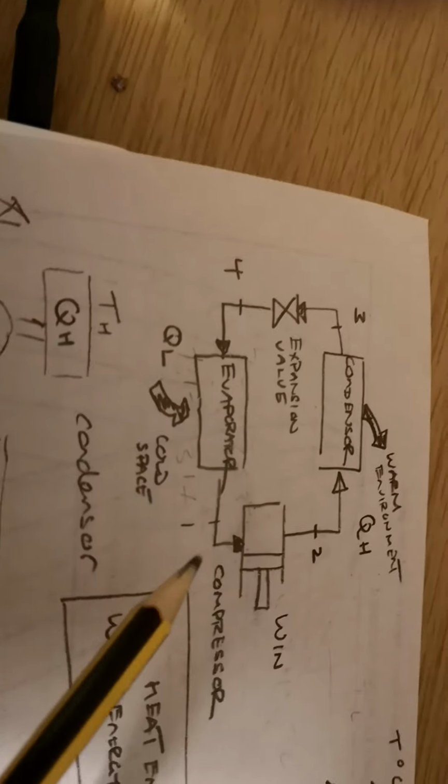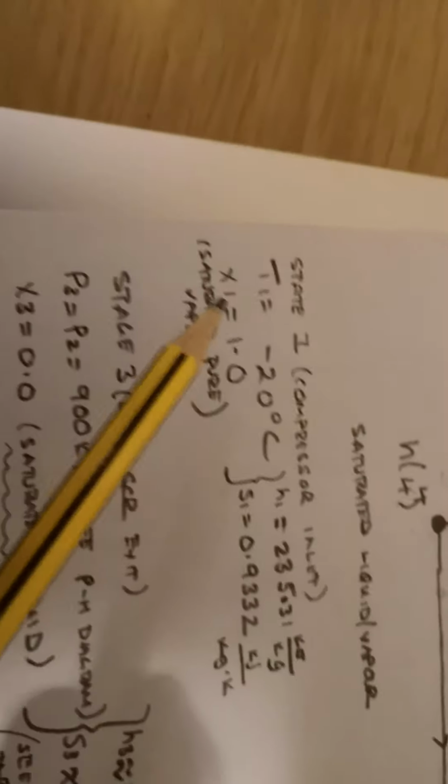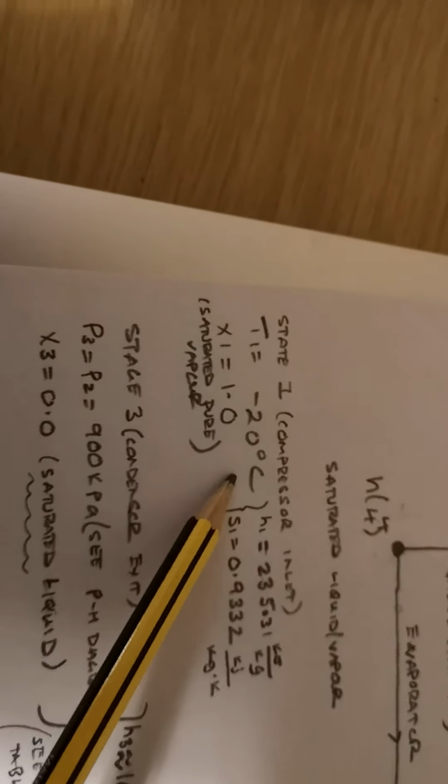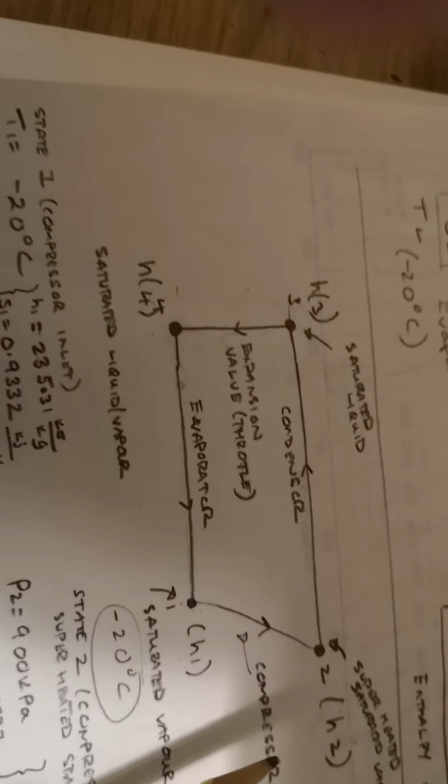Number 1, compressor inlet, stage 1. Go back to here. There, compressor inlet, and it's the same in all the diagrams here. At stage 1, we know the temperature is minus 20 degrees because that's what the question says.